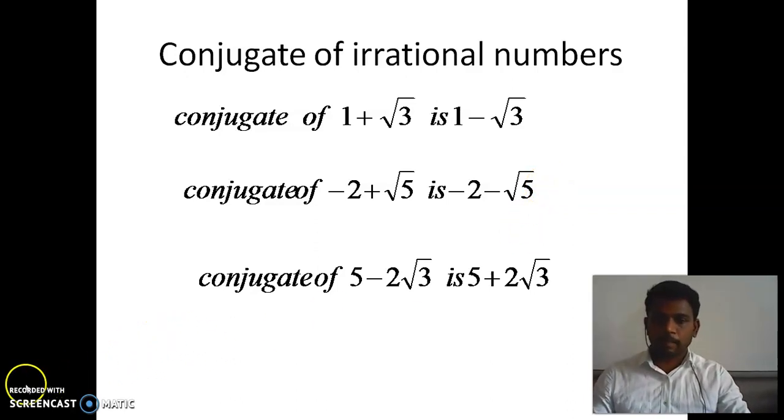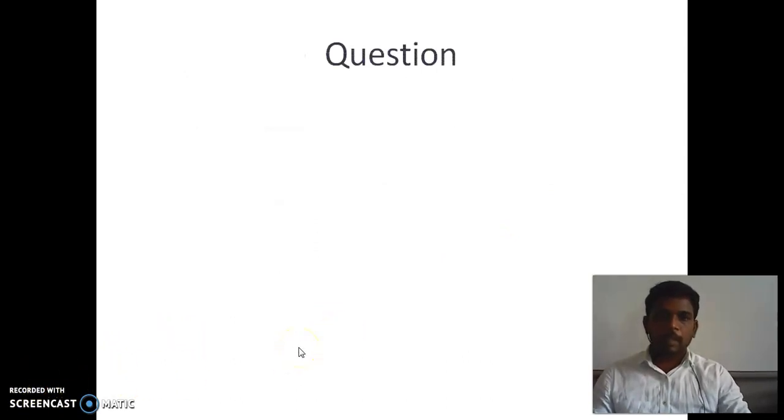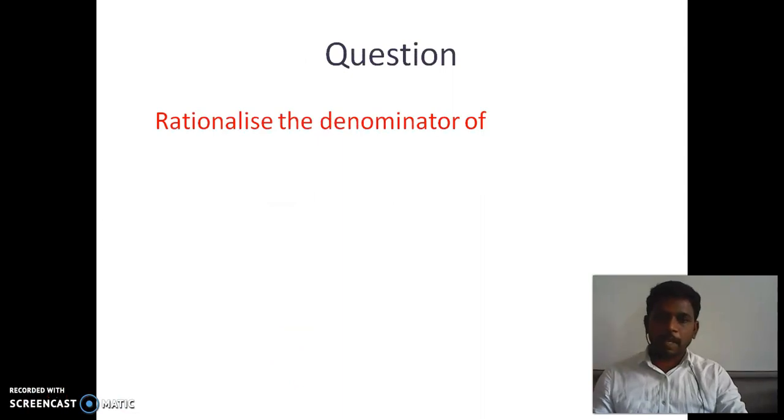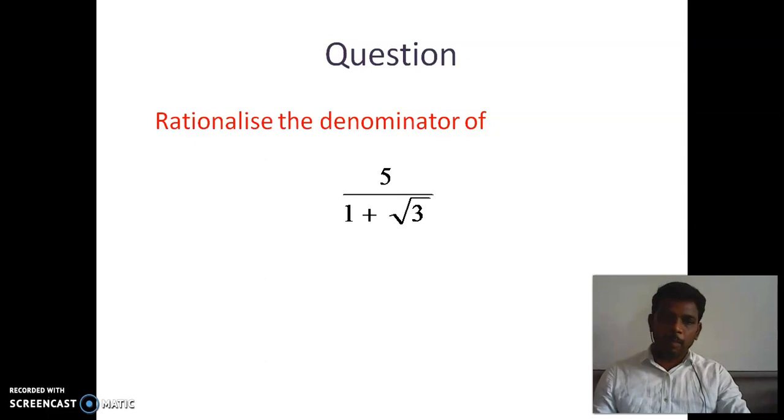So what is the question? Rationalize the denominator of 5 plus 1 by root 3. So how can you rationalize the denominator of this one? Let us see the next slide.